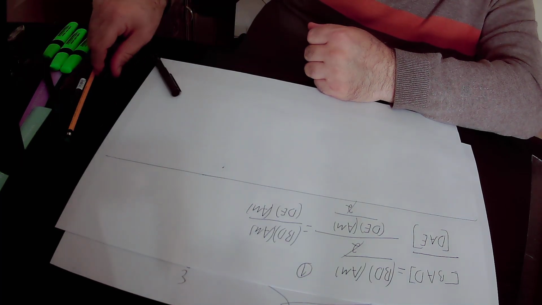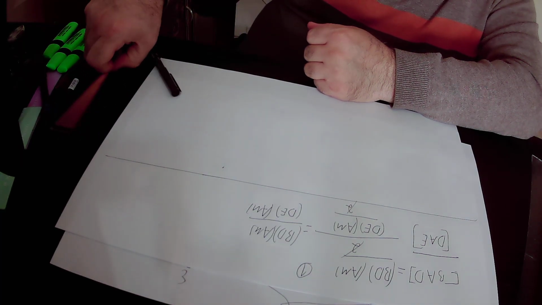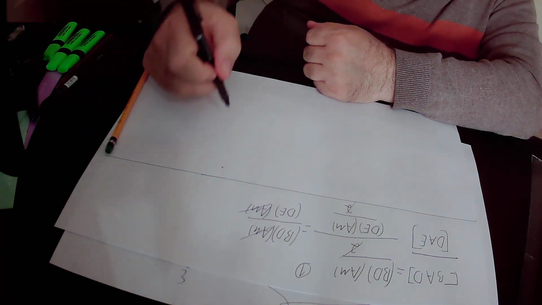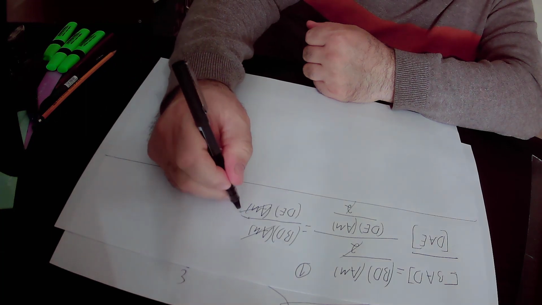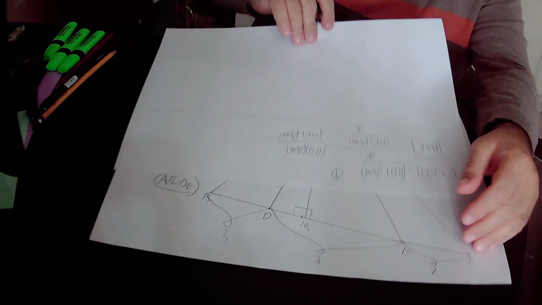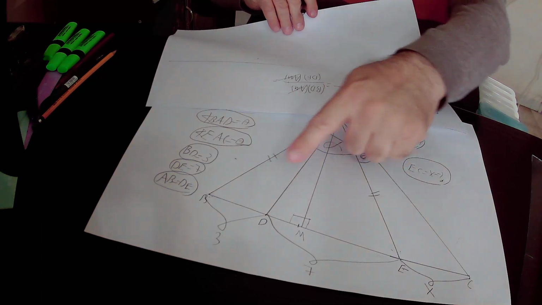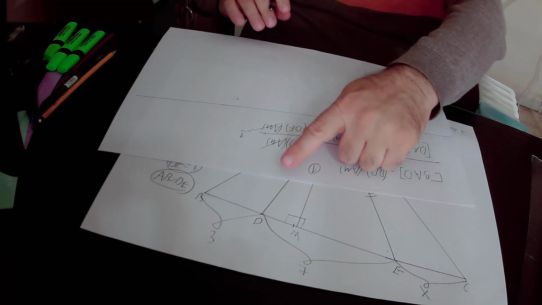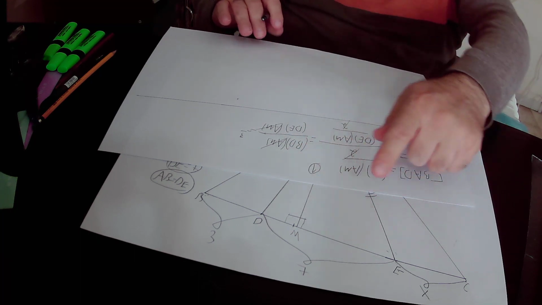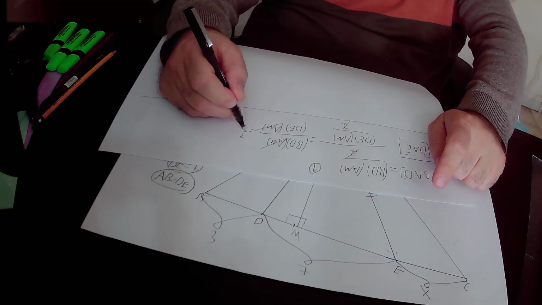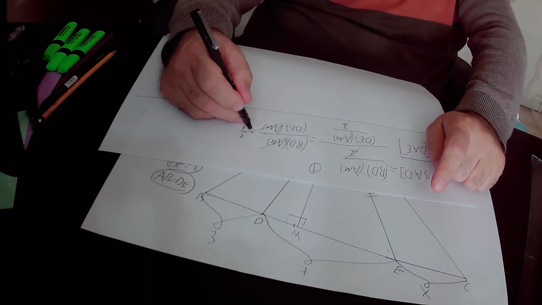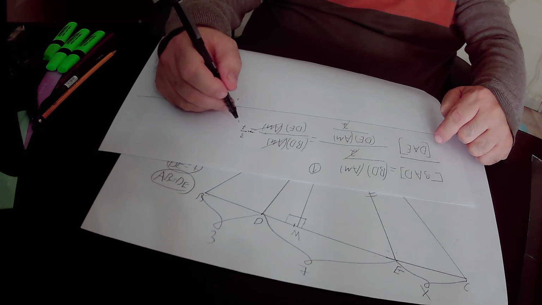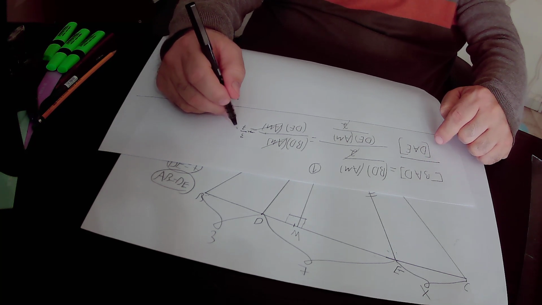Here AM over AM is 1, so AM will get cancelled, and it is given in the question that BD equals 3 units, and here DE equals 7 units. So in conclusion, we found out that the area of triangle BAD over the area of triangle DAE equals 3 over 7.